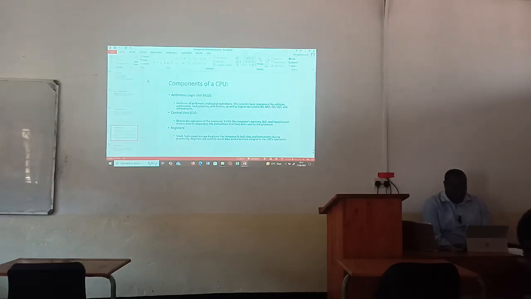On the other side, you have the control unit. Just as the name suggests, it coordinates all the activities that happen within the computer. So it will tell the computer's memory, the arithmetic logical unit, and input and output devices how to respond to the instructions that have been sent to the processor.